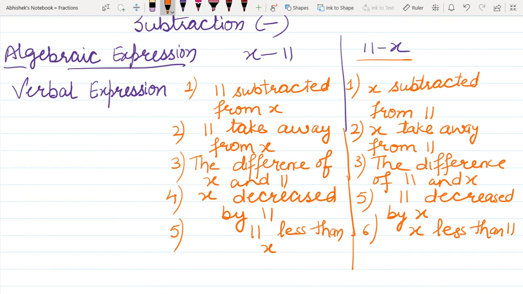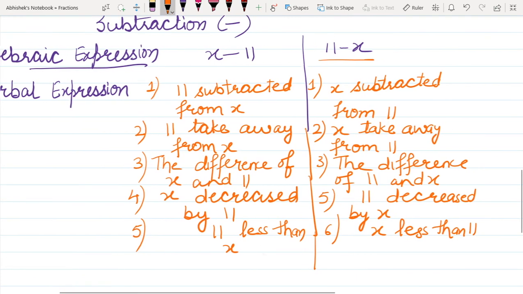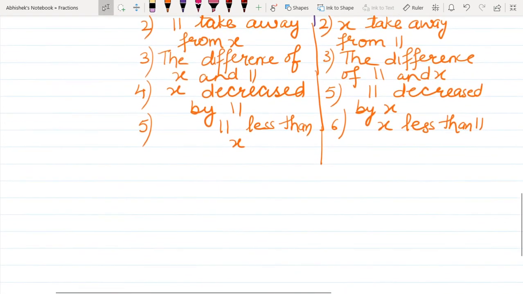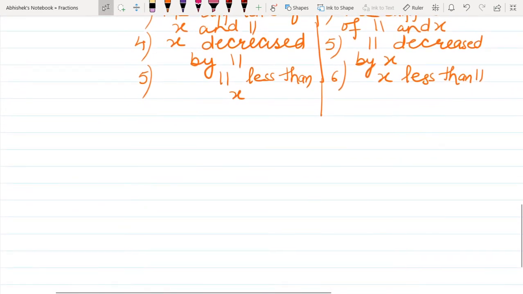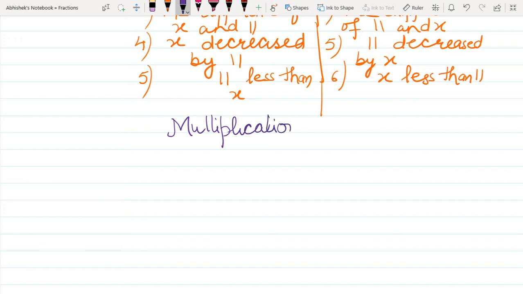So I hope it is clear to you. Now how will we use this expression in multiplication? Our third operation is multiplication.